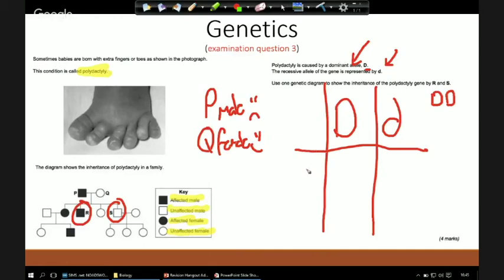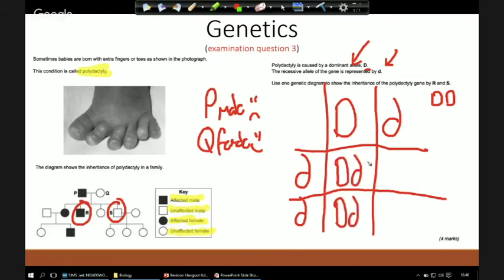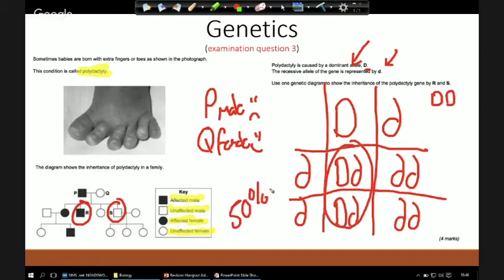And we know it's on the dominant, so for her to be unaffected she must have two alleles that are both small. So what do we find? We get big D, little d, big D, little d, little d, little d, little d, little d. We have a 50% chance of R or S having the disorder and a 50% chance of them not. And this is in fact what we found between R and S. It's a 50-50 for them. And that will get us our 4 marks.